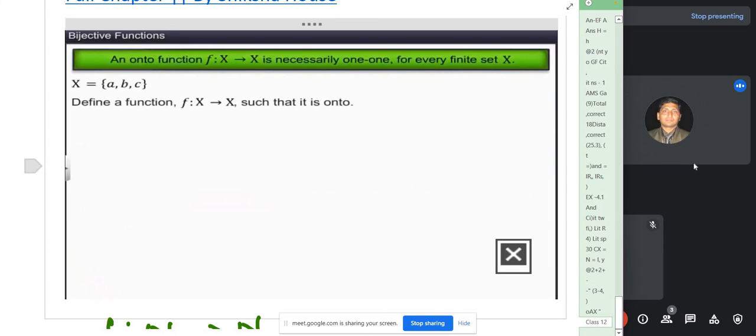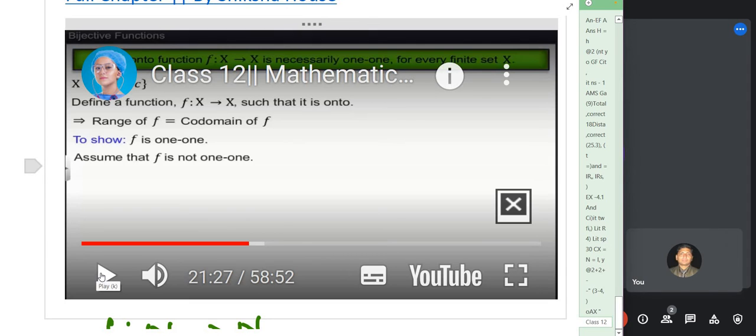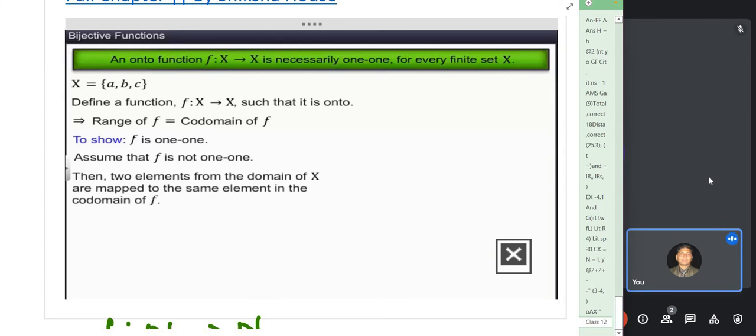Consider the same finite set X and let f be an onto mapping from X to X. Suppose that f is not 1 to 1. That means two elements from the domain of X are mapped to the same element in the codomain of f.